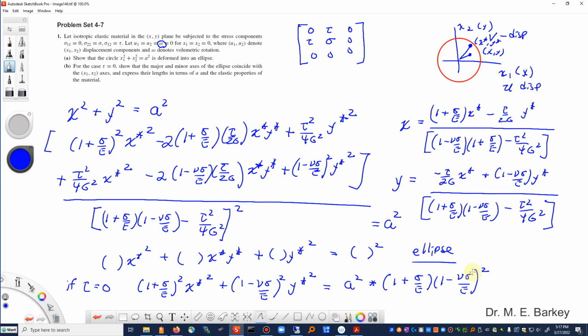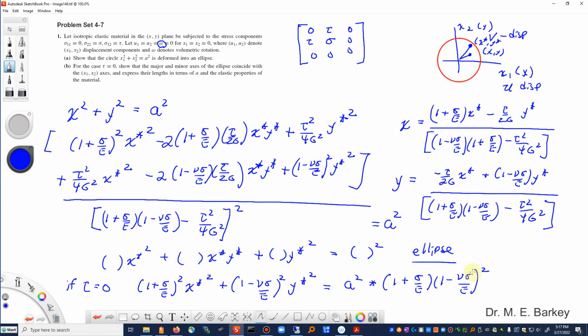All right, so based on that, I will let you figure out what the major and minor axes lengths are in terms of the elastic properties. Some of these can be a lot of algebra, and I really don't want the algebra to detract from understanding the basic concepts.